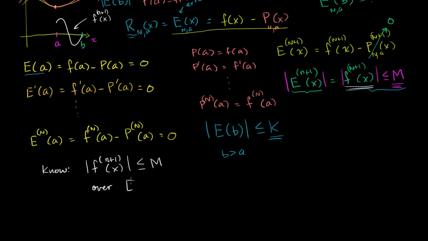So over the interval, x is a member between a and b, and this includes both of them. It's a closed interval. x could be a, x could be b, or x could be anything in between. And we can say generally that this derivative will have some maximum value. So this is the absolute value's max value, m for max. We know that it will have a maximum value if this thing is continuous.